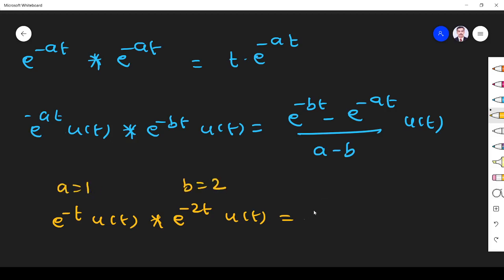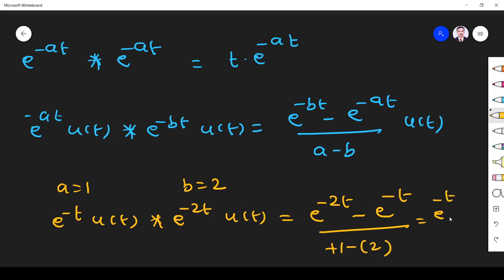So what we get is e power minus 2t minus e power minus t divided by 1 minus 2. So that is equal to e power minus t minus e power minus 2t u of t.